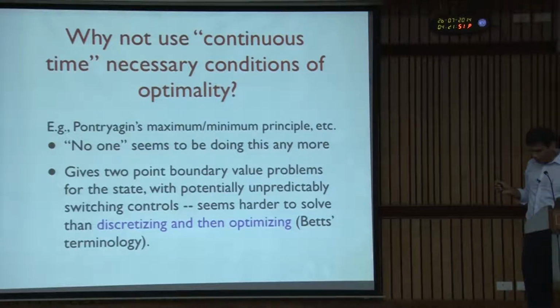And then x dot and u have to satisfy the governing differential equations. In other words, you have a functional optimization problem with differential equation constraints and perhaps a whole bunch of what we call state constraints and control constraints. The Euler-Lagrange equations do not have all those constraints in the formulation.